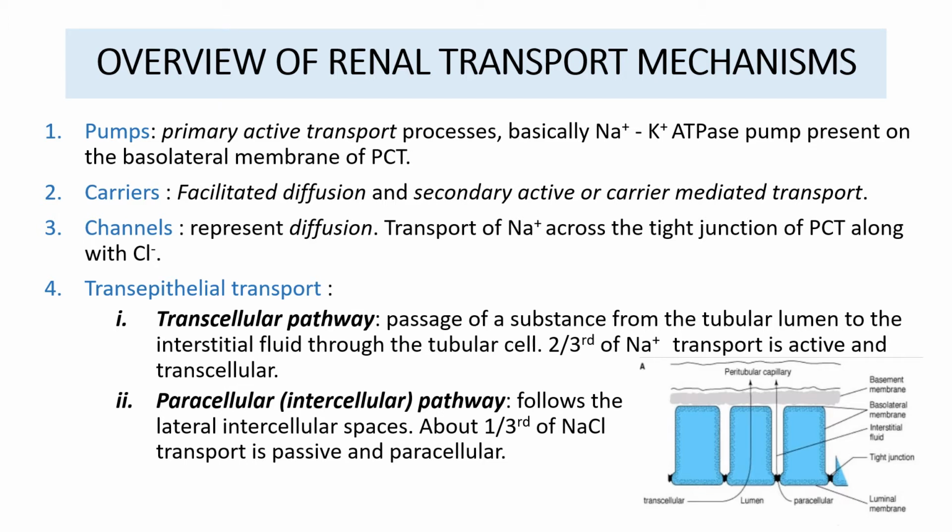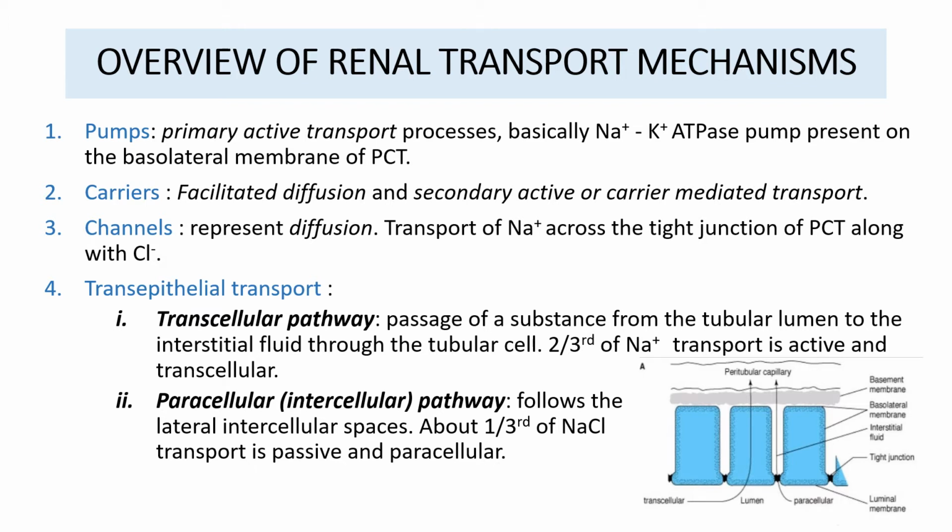Now, this transcellular pathway can be done in three ways. Either there is a pump, or there is a carrier, or there are channels. The pumps are the primary active transport processor. Basically, the sodium potassium ATPase pump present on the basolateral membrane of PCT. Carriers represent the facilitated diffusion and secondary active or carrier mediated transport. What about channels?